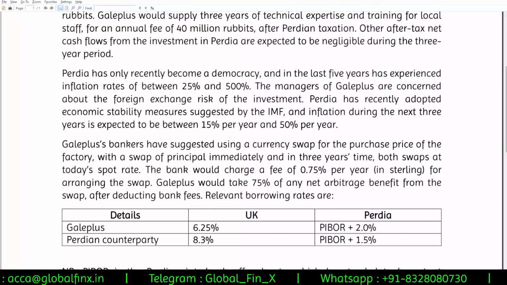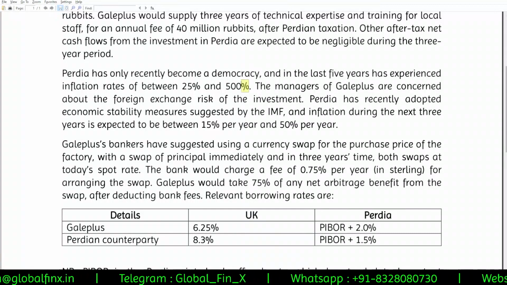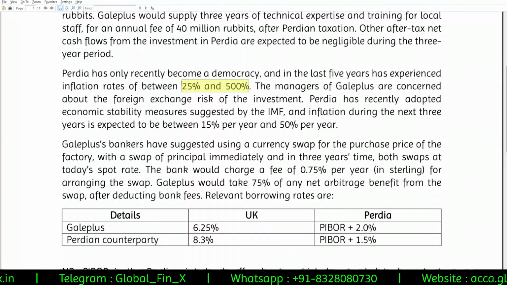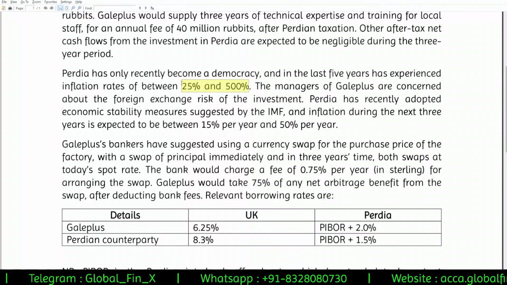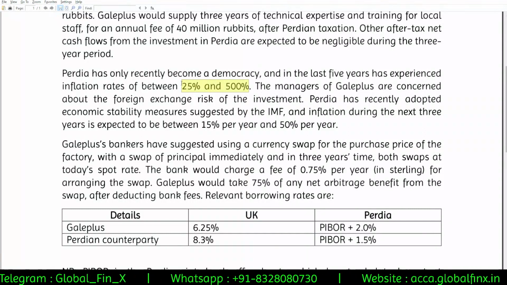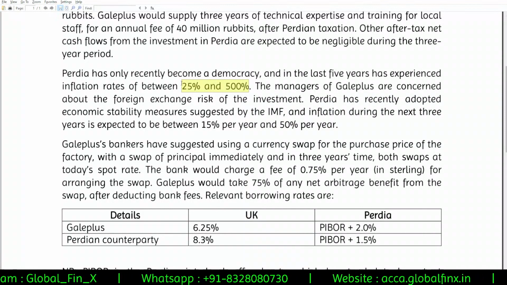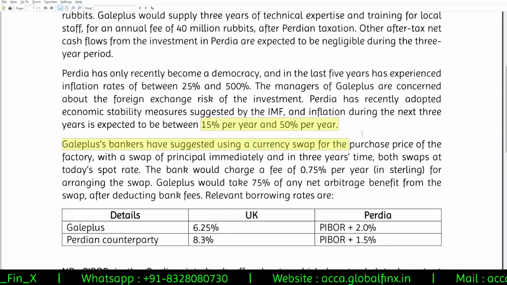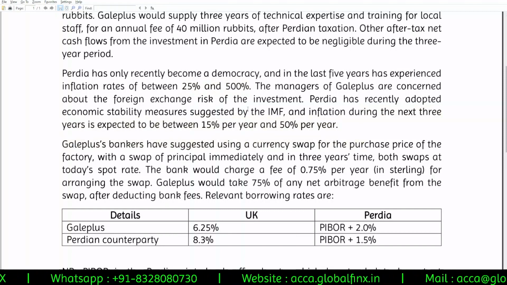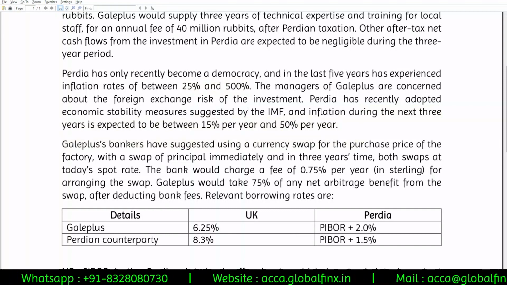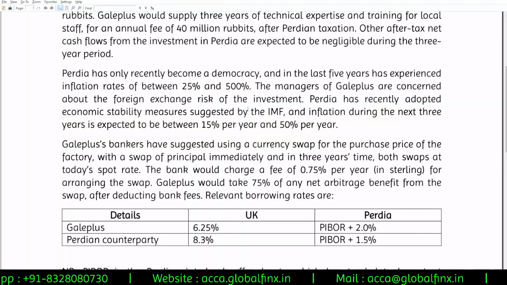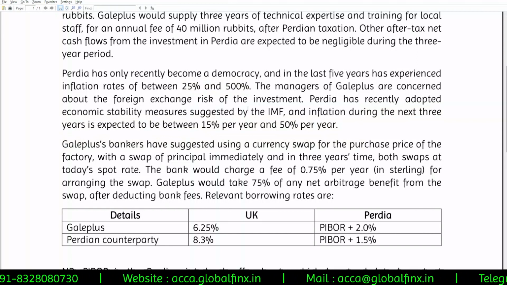So for the past 5 years, the inflation rate has ranged between 25 and 500, whereas after the forex stabilization measures prescribed by the IMF, the forecast for the inflation rate for the next 3 years is between 15 and 50%, which is nice. They're now coming into a controlled scenario, and therefore the gap between the lowest possible inflation and the highest possible inflation is coming down.